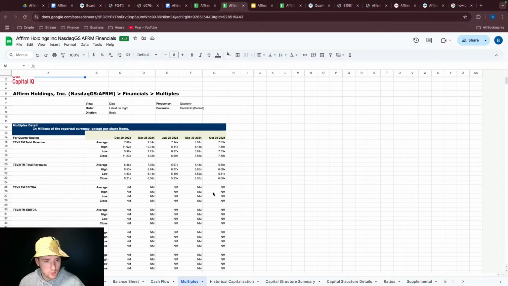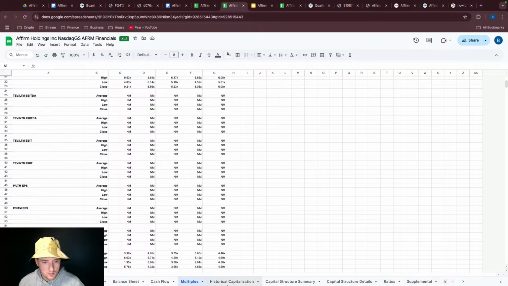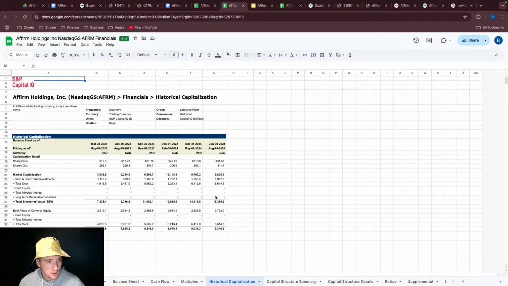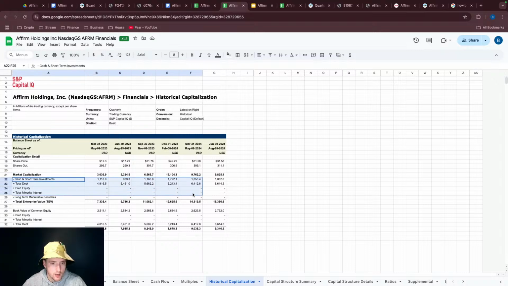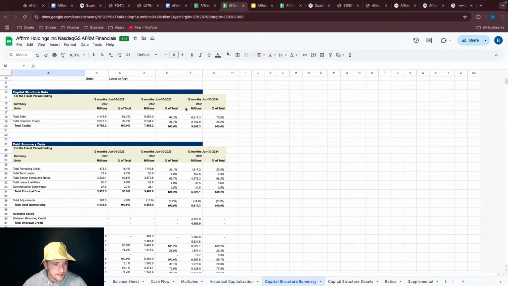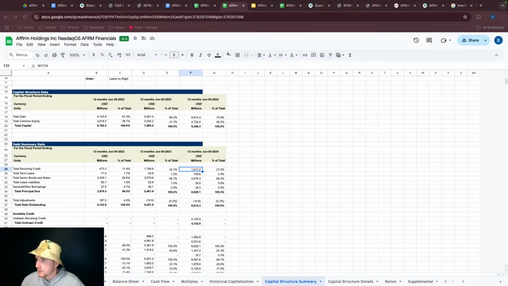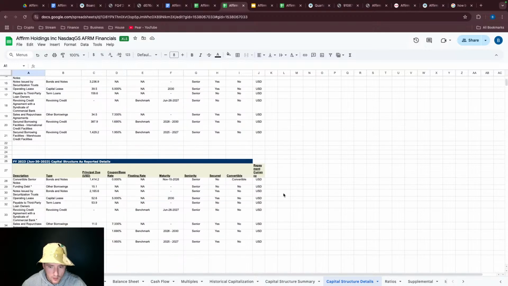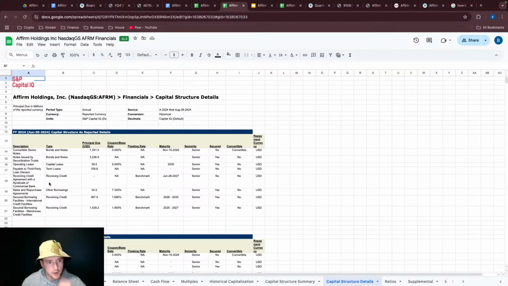Let's look at the multiples. Market cap. We already know all this, so we really have a revolving credit line of nearly $2 billion. All right. Good to know. Capital structure details. Here we go.